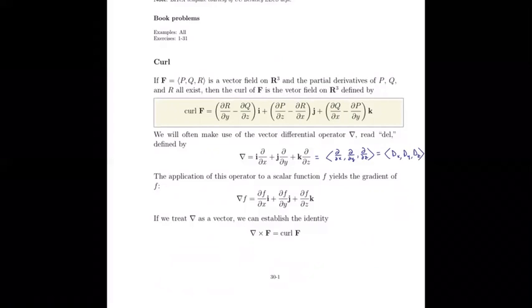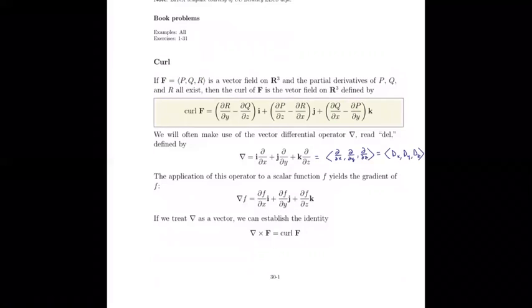If we first apply del to a scalar function, just to see it in this regard, the application of del to f is the gradient of f. That's what we've done in the past: for a scalar function of three variables X, Y, and Z, the gradient is a three-dimensional vector.